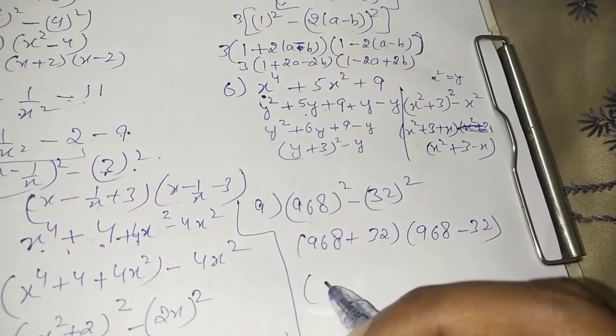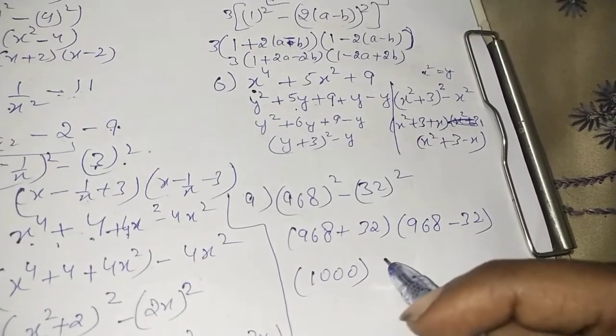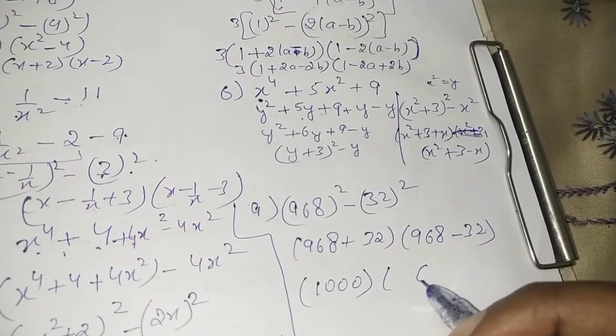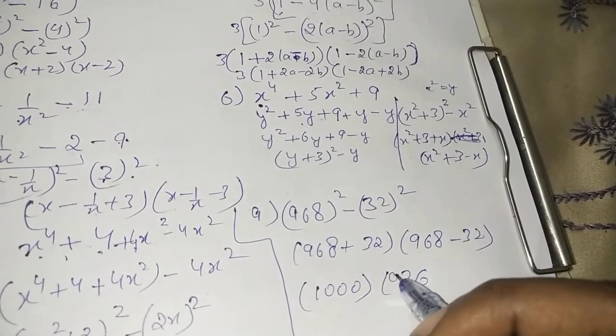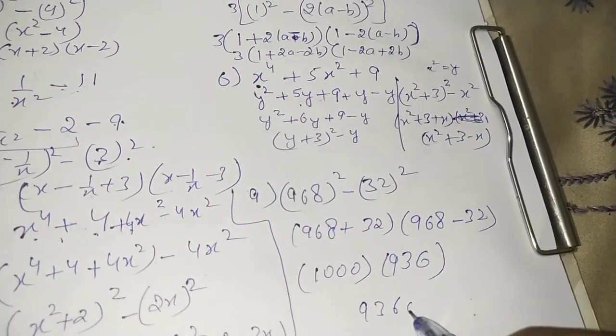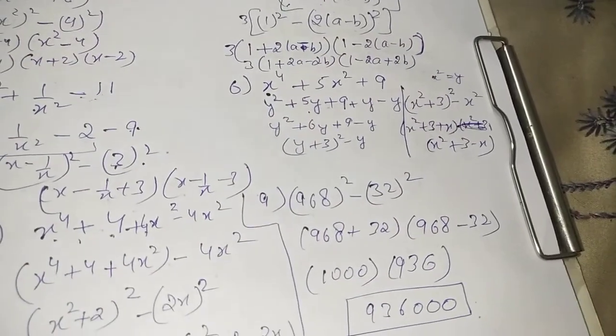So that will be equal to 1000, into this gets subtracted, so 8 minus 2, 6 minus 3 and 9. This easily gets multiplied, and so we can directly write down 936,000. So this will be your final answer. Alright.